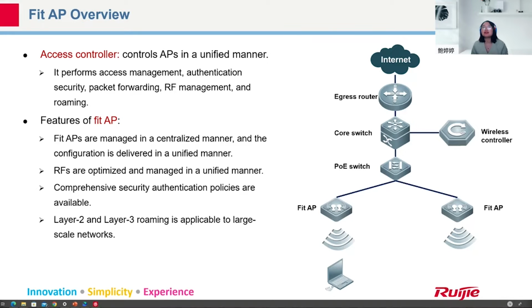But for more comprehensive authentication, for example in your enterprise, maybe you want to use 802.1x, or maybe some portal authentication, something like this, we suggest to deploy it on the AC and deliver the configuration to the Fit AP. And layer 2 and layer 3 roaming are available in the network if you use a Fit AP.